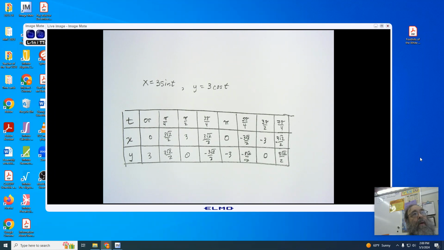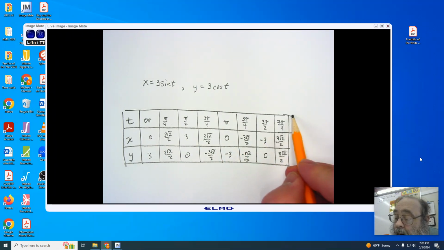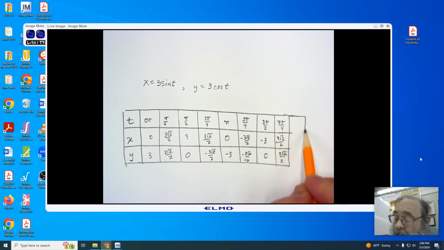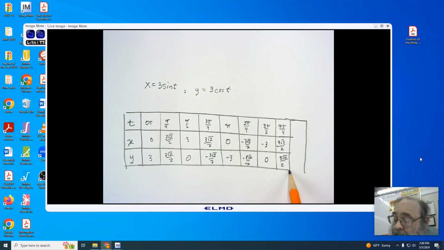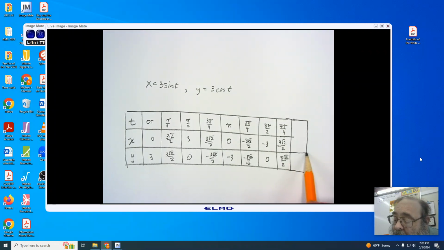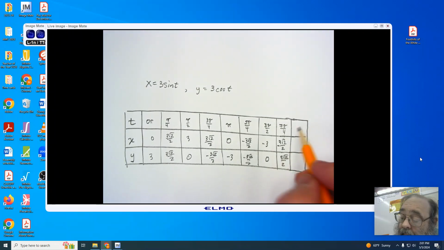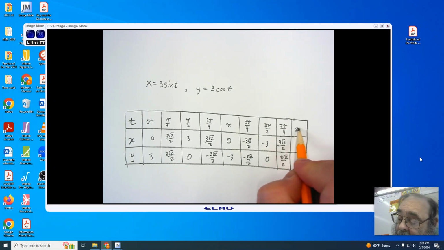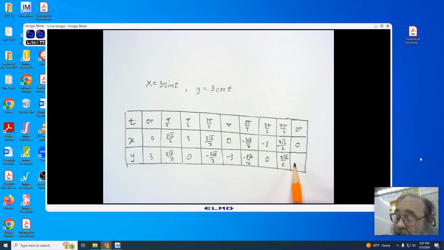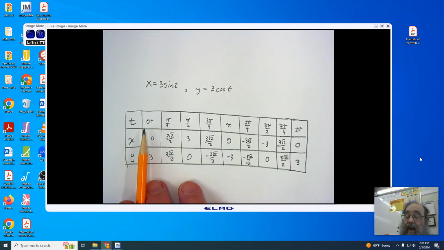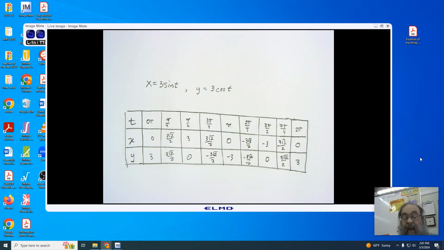Well, isn't this fun? Now notice, these are going to be the easiest ones to graph, aren't they? We call these the ordinates. I mentioned this to my students when we were working with our trig values. It's just going to give me a 0 for the sine again, and it's going to give me a 3. So if I just use 90 degrees for this, I can get an idea of what this graph is going to look like.